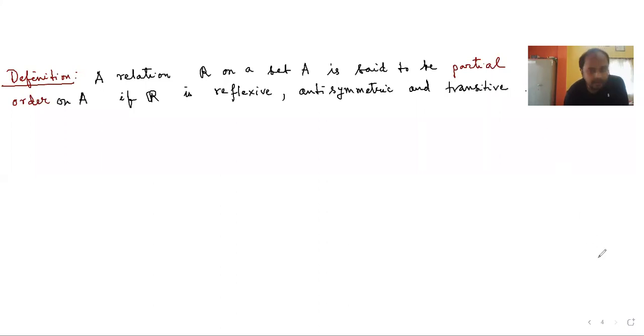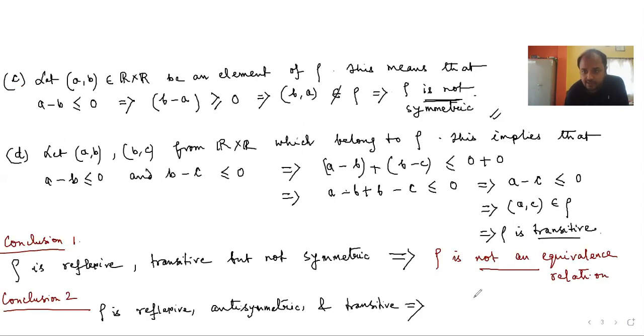Okay, so in the previous example, my relation rho is a partial order relation.